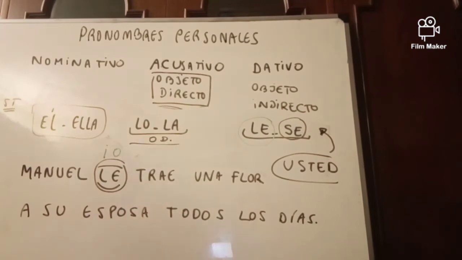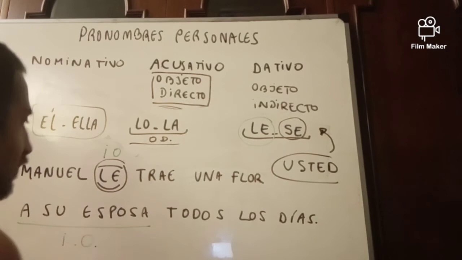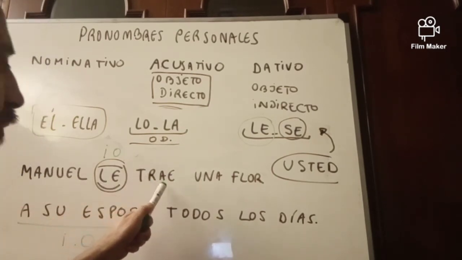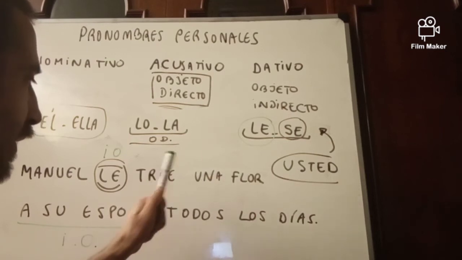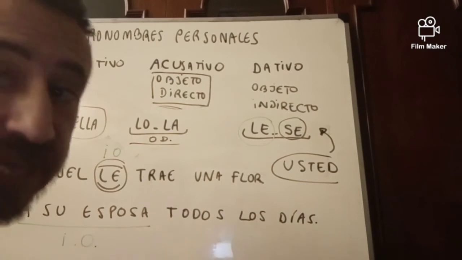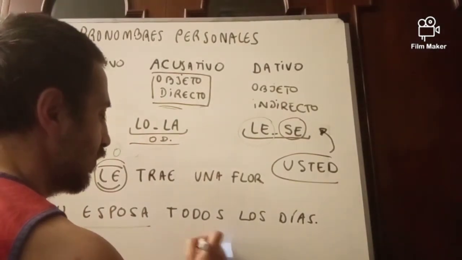Manuel le trae una flor a su esposa. This is the indirect object too. Todos los días. This means Manuel brings a flower to his wife every day. Todos los días means every day.